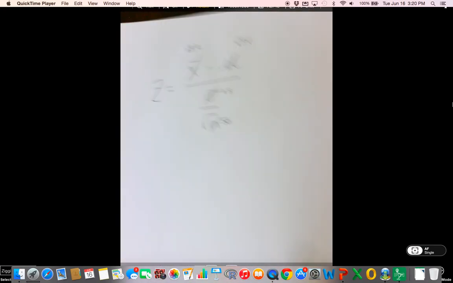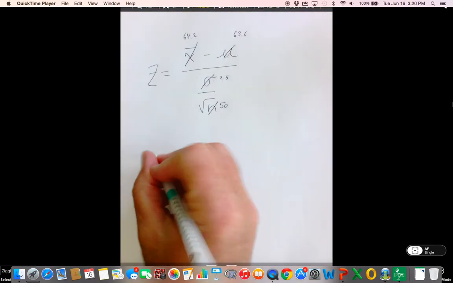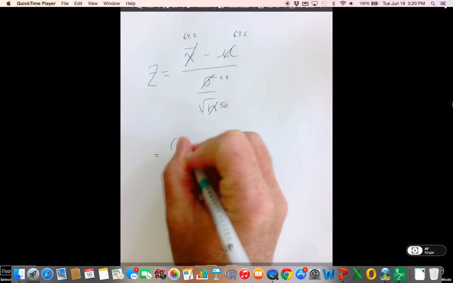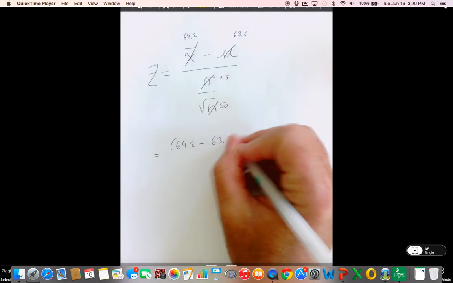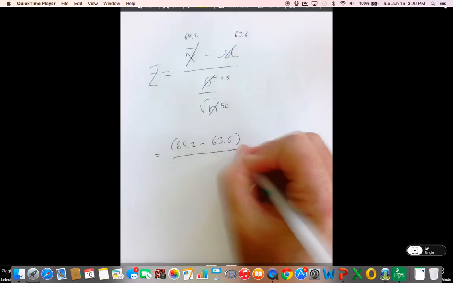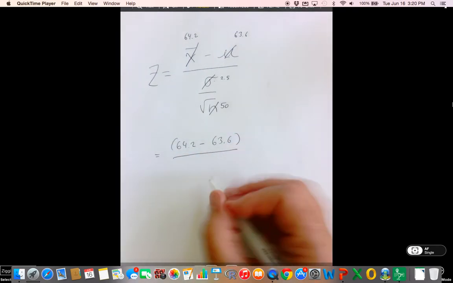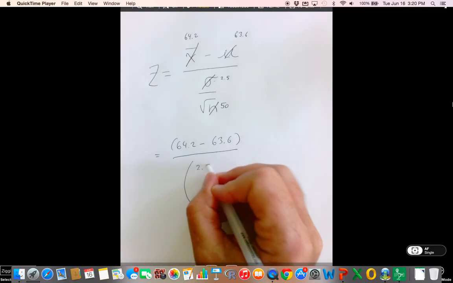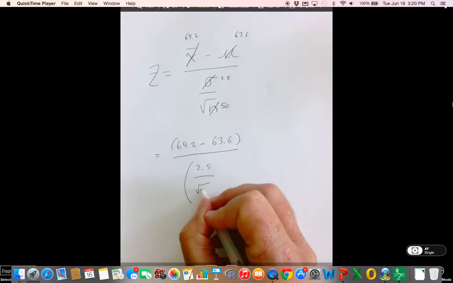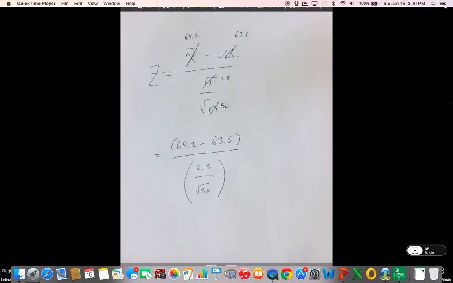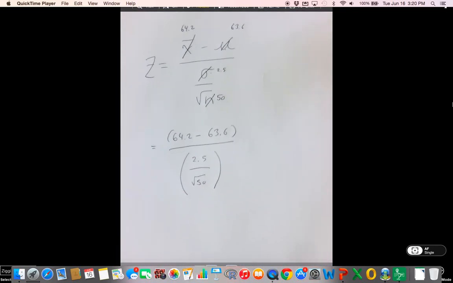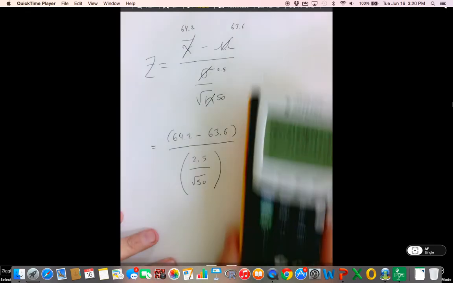So guys, putting this in a form that is not quite so messy. 64.2 minus 63.6 divided by 2.5 divided by the square root of 50. Now guys, it's really important that you use parentheses here to keep from getting order of operations problems.